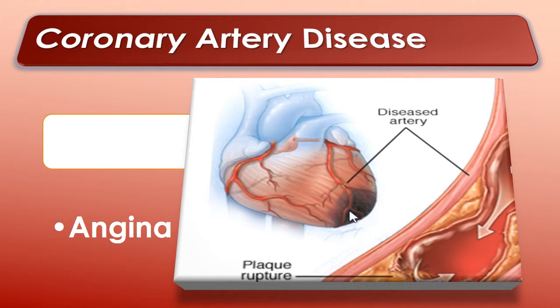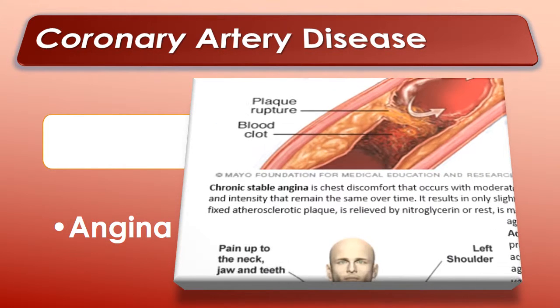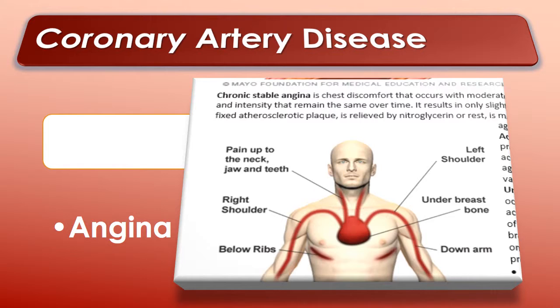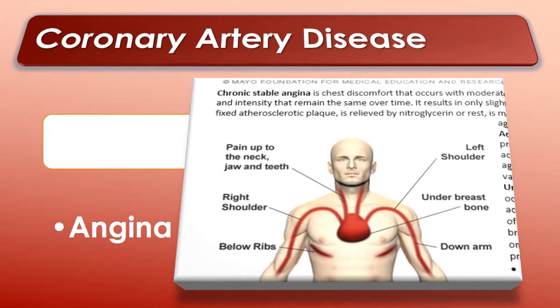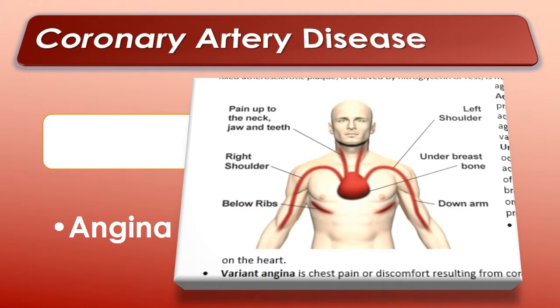Okay, let's talk a little bit about chronic stable angina and the different anginas. Your textbook talks about that. This is just a quick review. Chronic stable angina is chest discomfort that occurs with moderate to prolonged exertion in a frequency, duration, and intensity that remains the same over time. So it's stable, it's chronic because it remains the same over time.